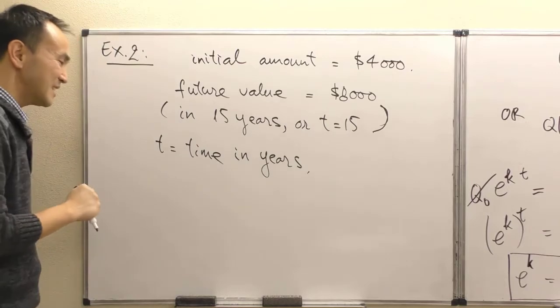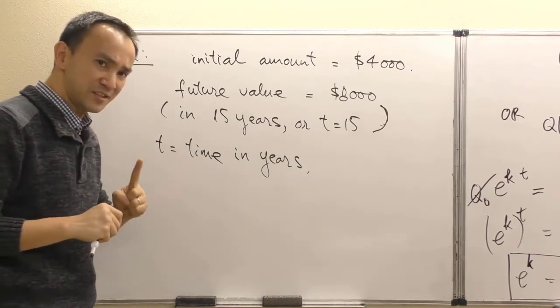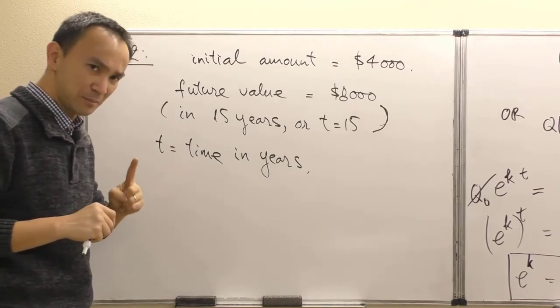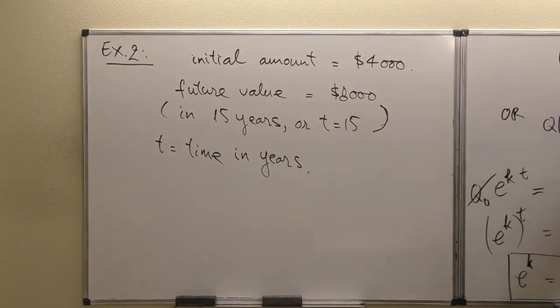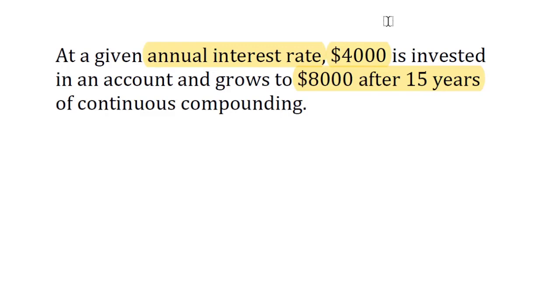So now one more piece of important information to be pointed out. This is our future value after 15 years, but now if we look even further, after 15 years of continuous compounding.